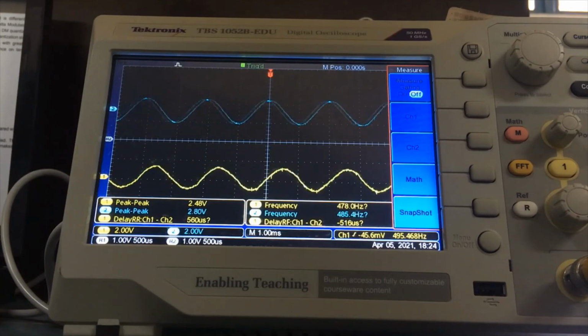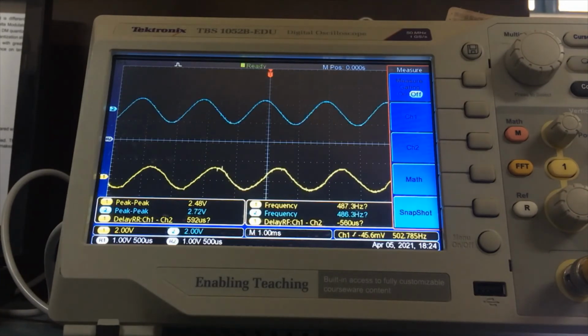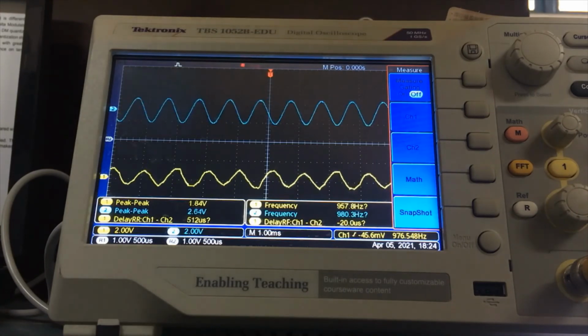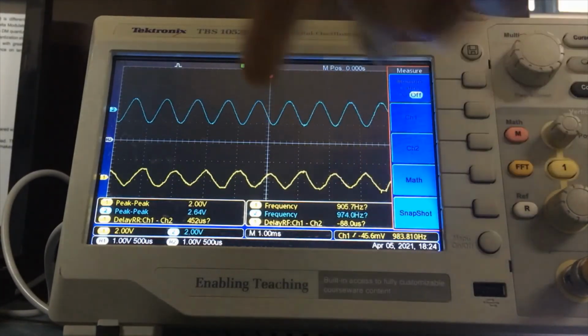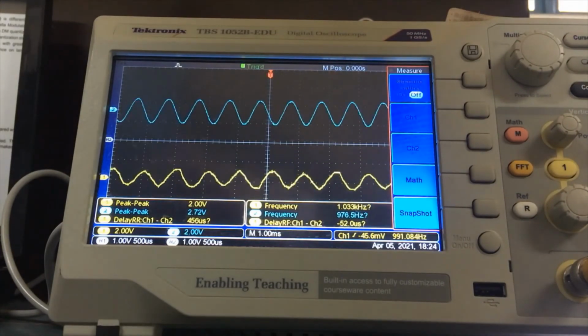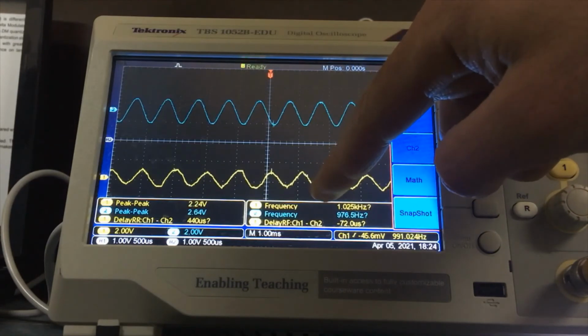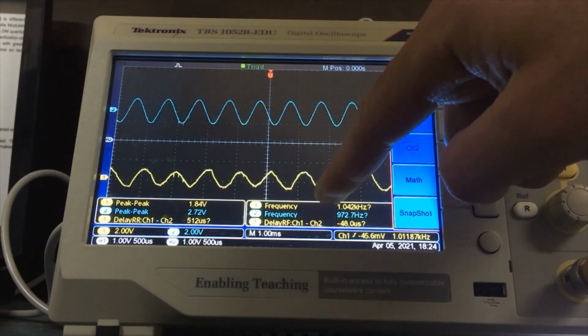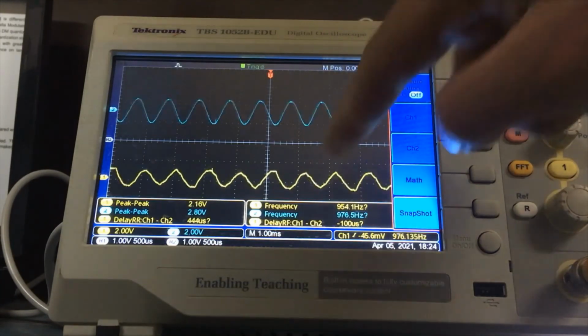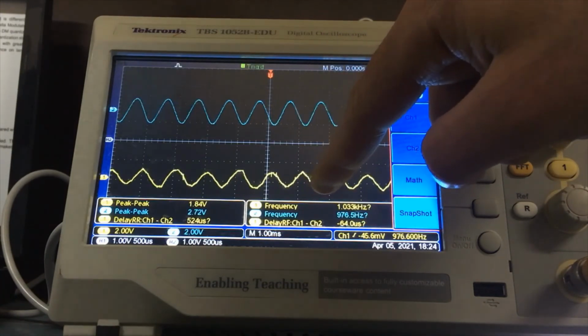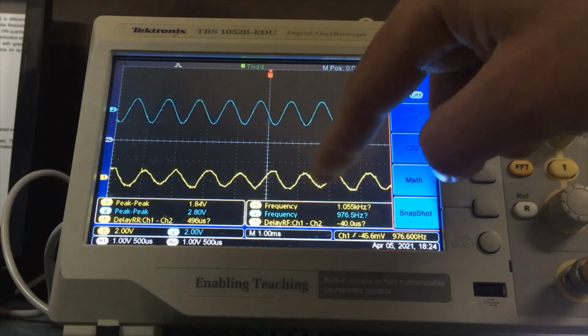So right now the signal frequency is 500 hertz, right? If we increase it to, let's say, 1 kilohertz, you can see the instability over here, because now the frequency of the message signal is getting increased. So the low pass filter, which is at the output last stage of the demodulator, will remove the important frequencies, right?